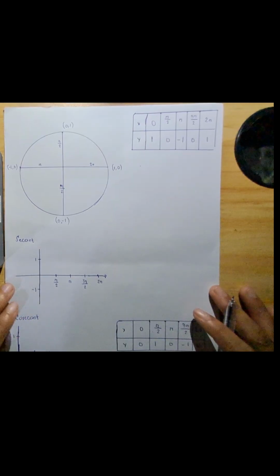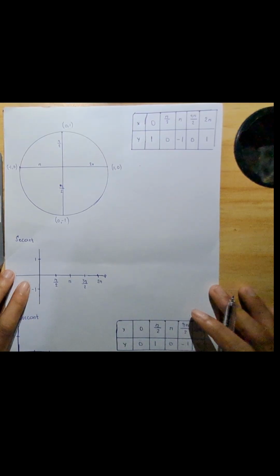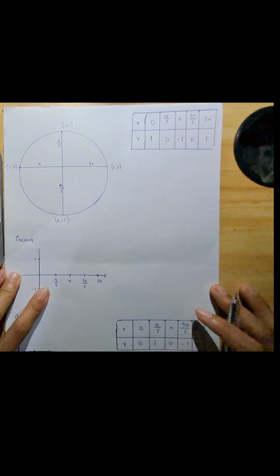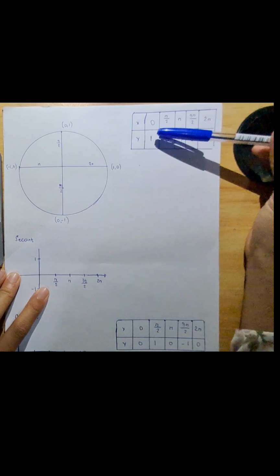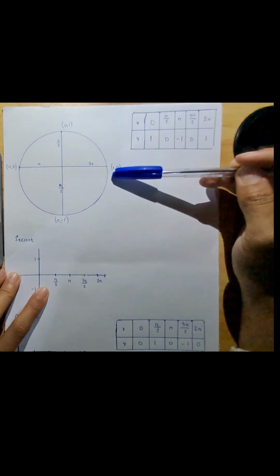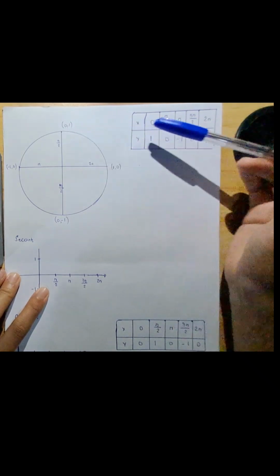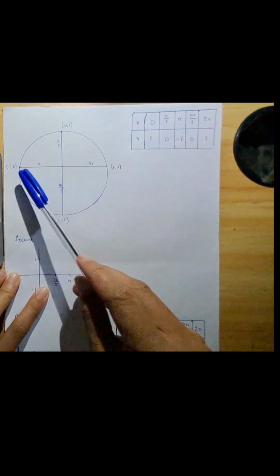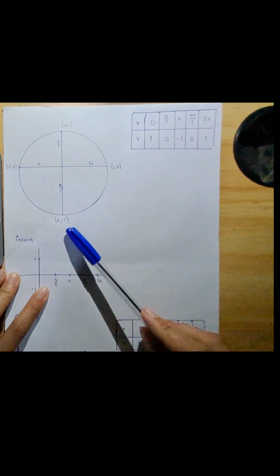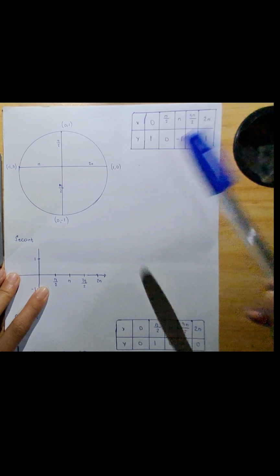So let's move to the secant and the cosecant. Here we have the graph of secant. We have the cosine values: 1, 0, negative 1, 0, and 1 again.